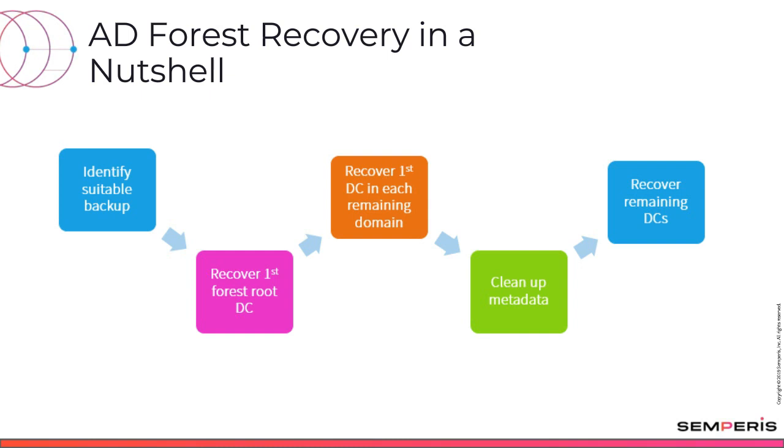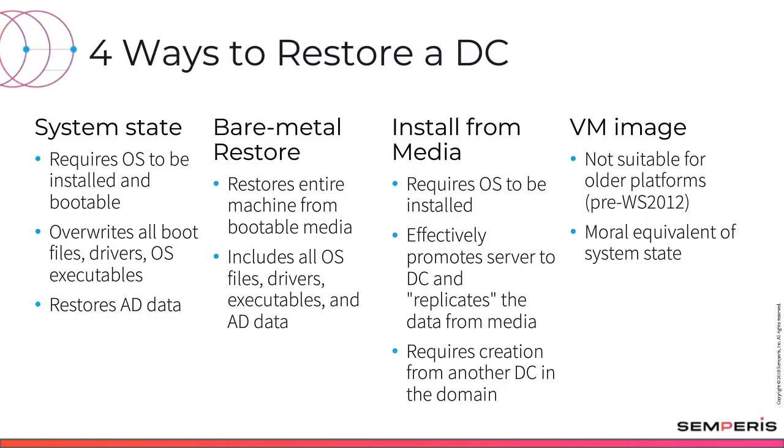One of the things about recovering the domain controllers, there's really four ways to do that. You can do what's called a system state restore, which is what you get by default with a Microsoft backup. It essentially saves the bulk of the operating system files and all the Active Directory data if you're doing a system state backup and restore on a domain controller.